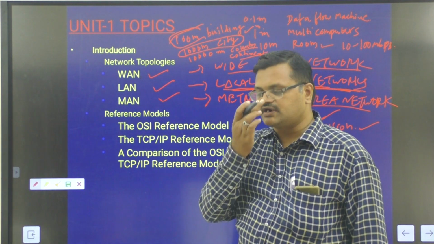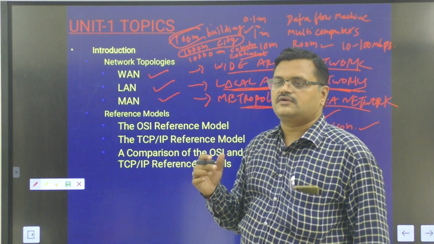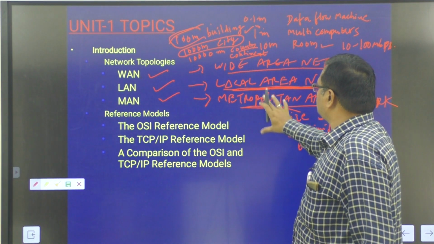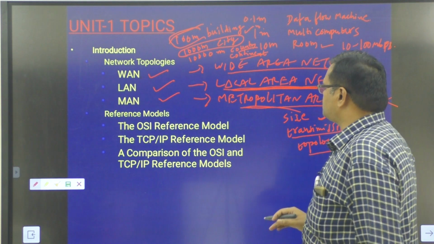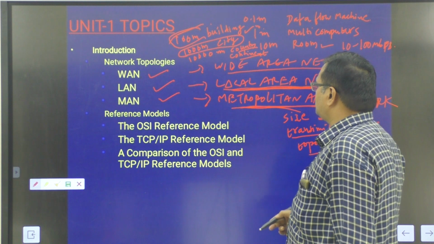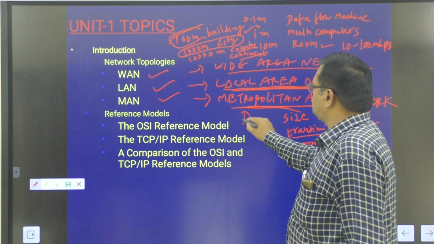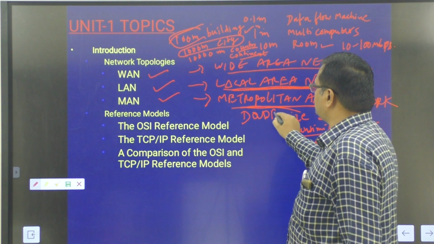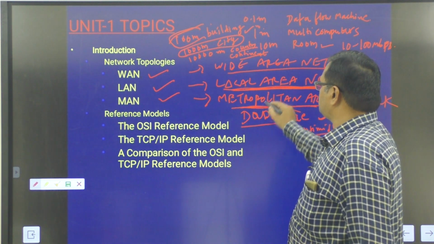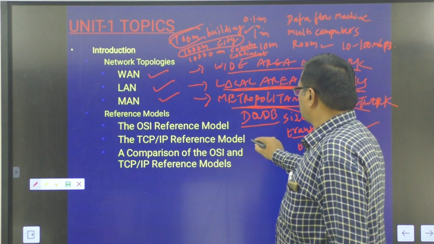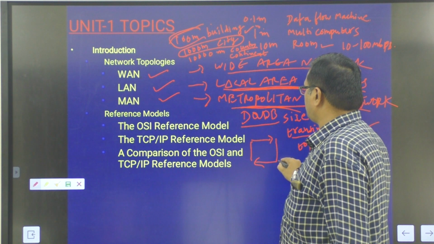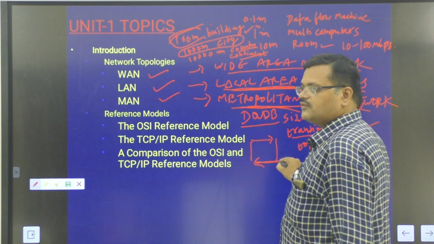So basically we have to study what is present in local area network, what is present in metropolitan area network, and what is present in wide area network. First is metropolitan area network. Here there is a concept called distributed queue dual bus, DQDB, which is present in metropolitan area network.